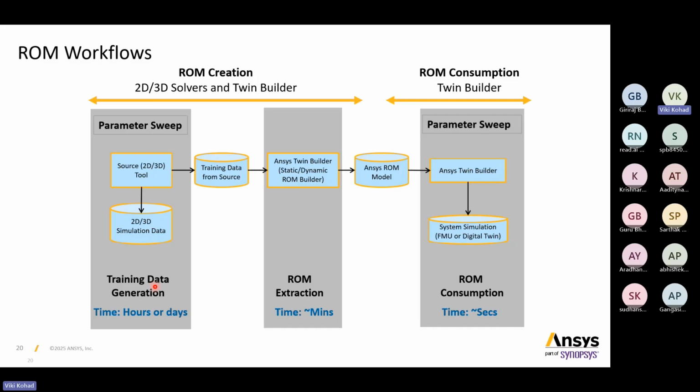To generate the training data, it takes around hours or days. Then extracting the ROM model takes around minutes. And to solve that model, ROM consumption, it takes seconds. Within seconds you can solve the model and get real-time data.